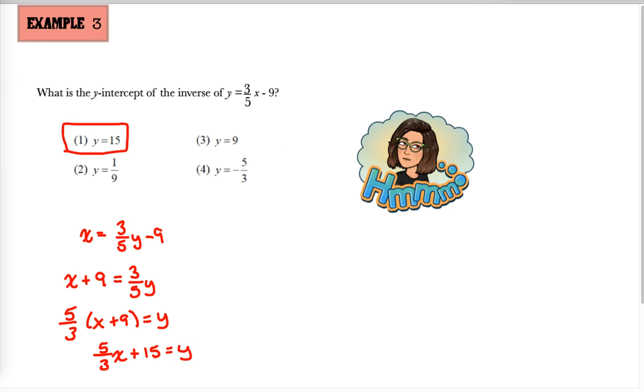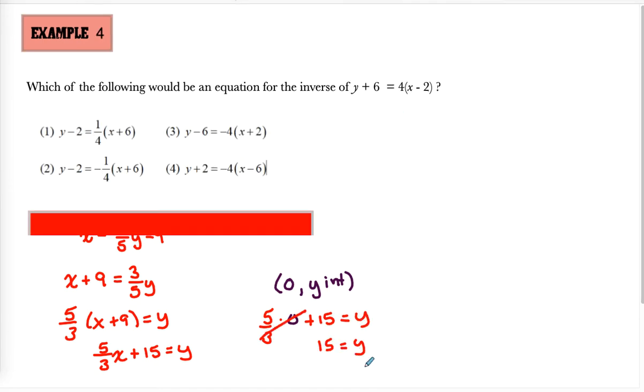And then I'm going to apply the fact that I know if I put a 0 in for x, it will give me my y-intercept. So if I put a 0 in for that x, you will see that I still get that 15.